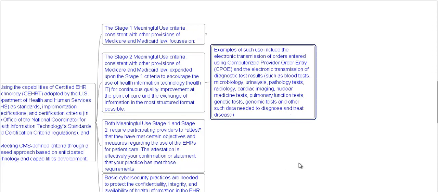Examples of such use include the electronic transmission of order using computerized provider order entry (CPOE), and electronic transmission of diagnostic test results such as blood test, microbiology, urine analysis, pathology test, radiology, cardiac imaging, nuclear medicine test, pulmonary function test, genetic test, genomic test, and other such data needed to diagnose and treat disease.